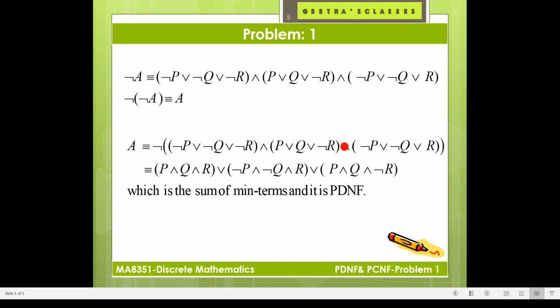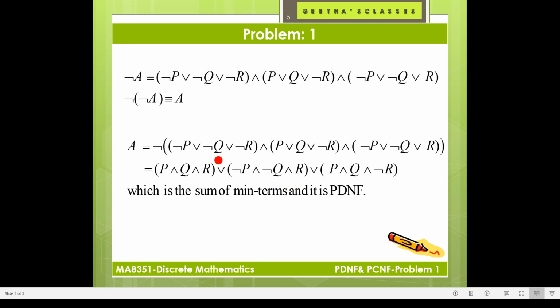Or again we are having the AND symbol. Negation of AND is OR. So again negation of negation P is positive P, and then negation of R is AND, negation of negation Q is Q, R becomes negation R. Okay. So which is the sum of min terms?